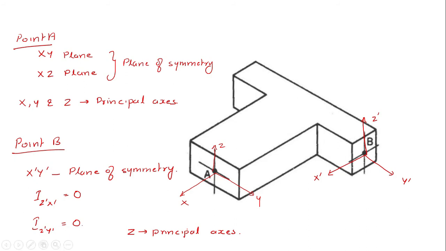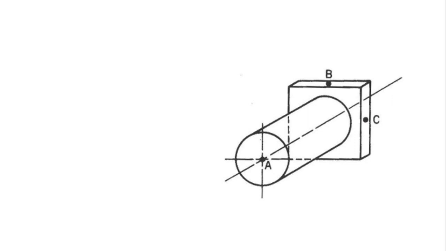Now coming to the next figure. Consider point A. Consider this is the x axis, this is the y axis, and this is the z axis at point A. Now if you look at this, there are two planes of symmetry at point A. One plane of symmetry is xz, the other plane of symmetry is xy.